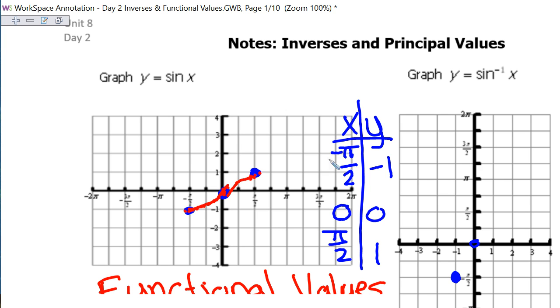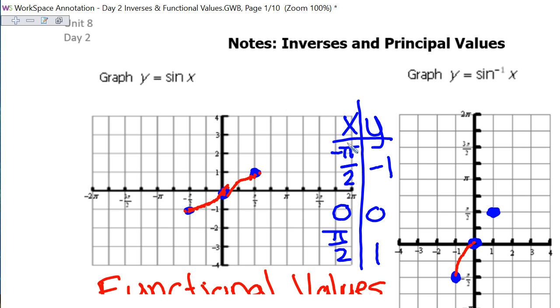And that last point, pi over 2, 1, when you switch the ordered pair, it would be 1, pi over 2 in quadrant 1. And connect those 3 points. They are going to be curved. And looking at the inverse for sine, is it functional from those 3 points? Yes. So it's functional from negative pi over 2 to positive pi over 2.